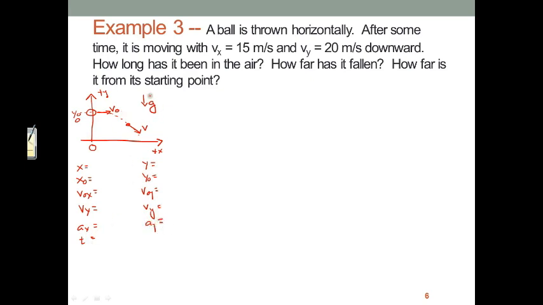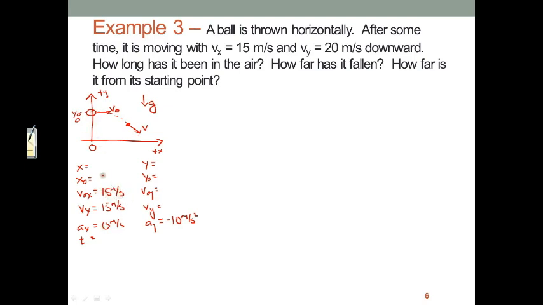And now plugging things in. g is going to be negative 10 meters per second squared for the acceleration due to gravity. A sub x is going to be 0. I'm told Vx is 15 meters per second. And since A sub x is 0, I immediately can put in what V naught x is.